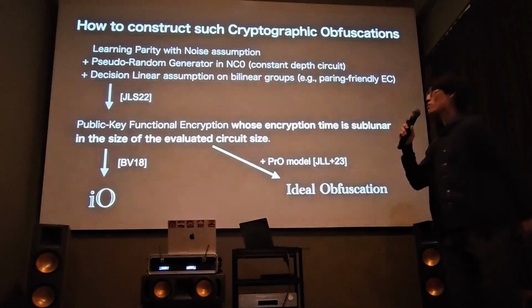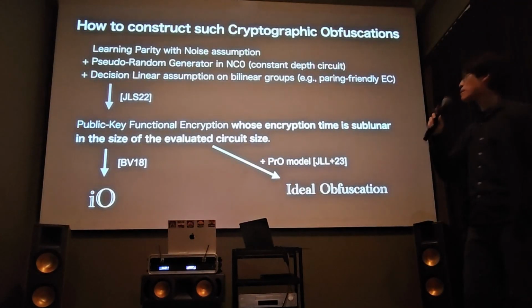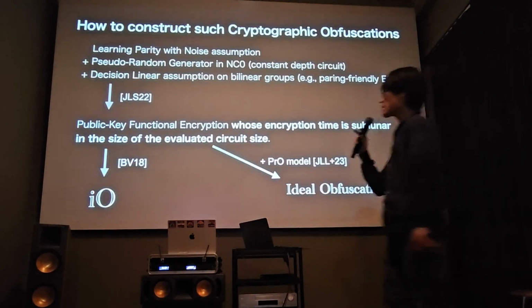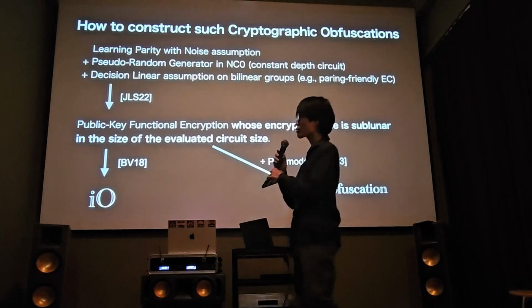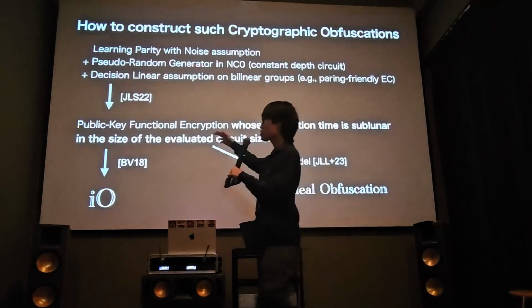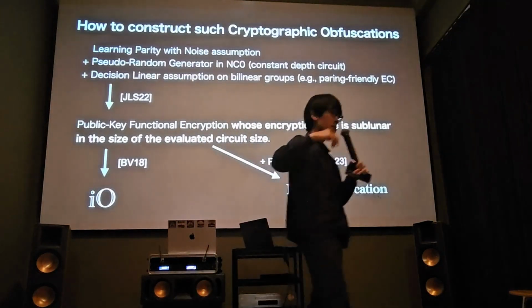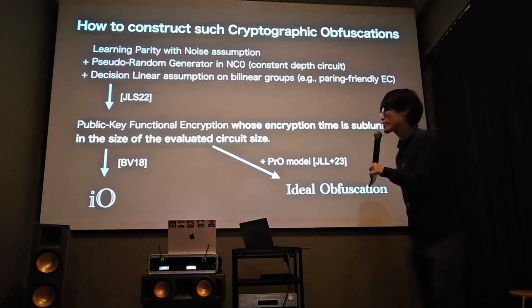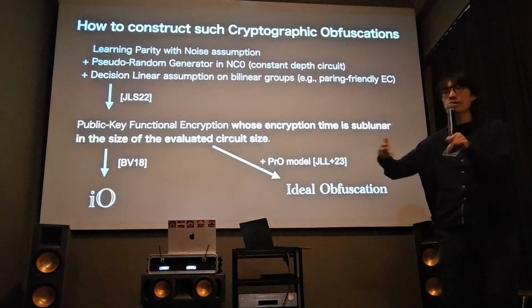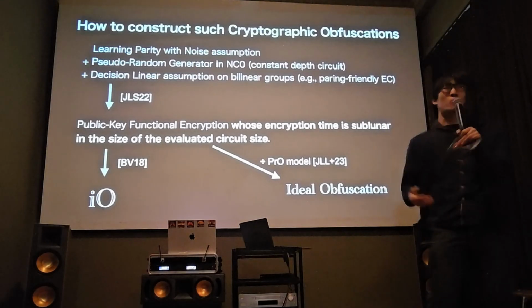So there are many overheads, but one of them is, I think, this step. Our bottleneck is the transform from functional encryption to IO, because its complete idea is that we recursively use our functional encryption.